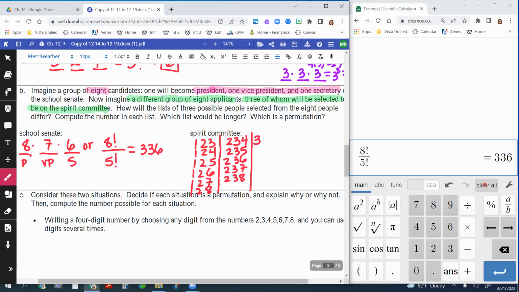Now I could do 3 and 4 with everybody. So 3, 4, and 1. I don't have that one yet. 3, 4, and 2 I already have right here. So 3, 4, and I can't do 3, so I can't do 4 because that's repetition. So 3, 4, and 5, 3, 4, and 6, 3, 4, and 7, 3, 4, and 8.